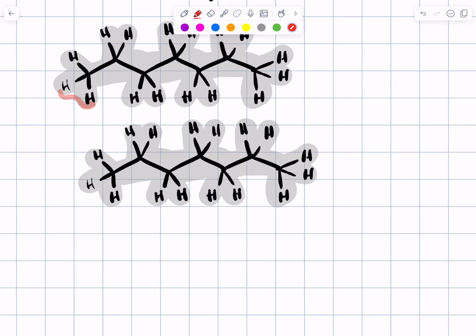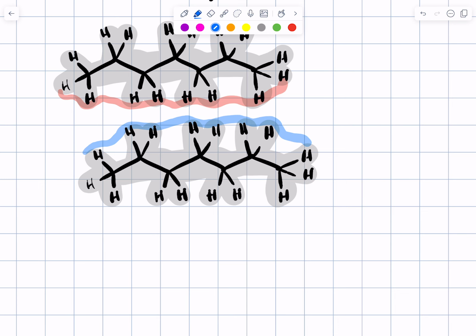So in one instant, this face of the molecule on top is electron rich, and at that same instant, the face of the other molecule, the corresponding face that's close, becomes electron poor. And that leads to an instantaneous attractive force.